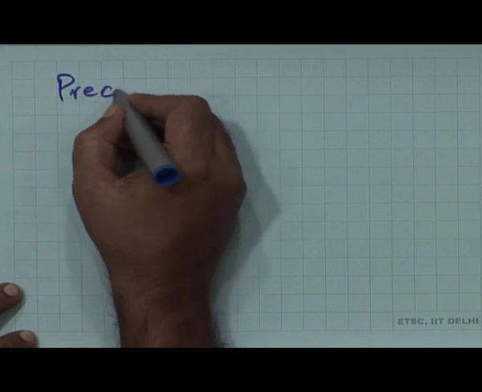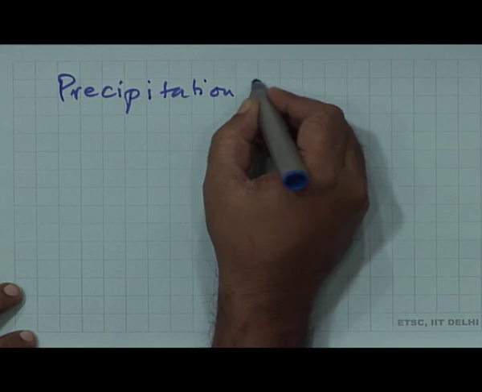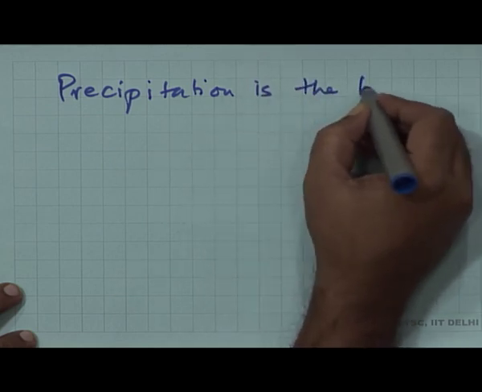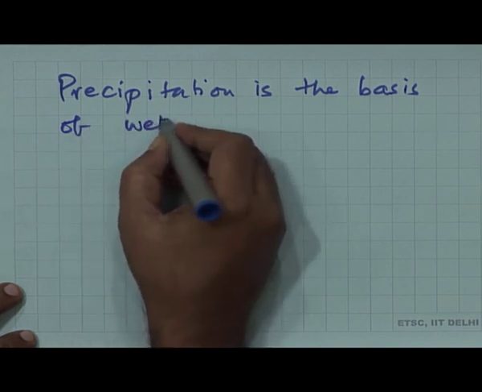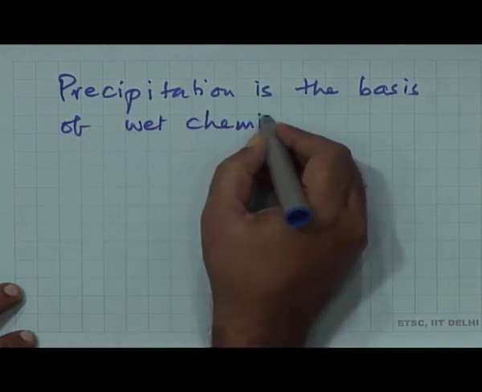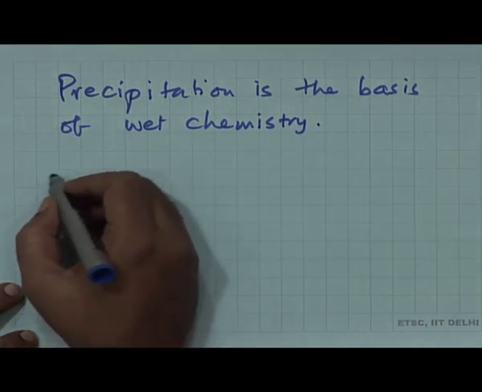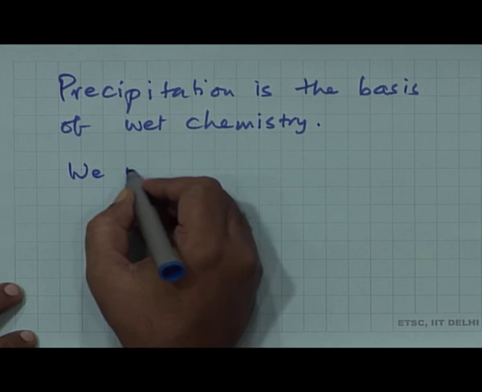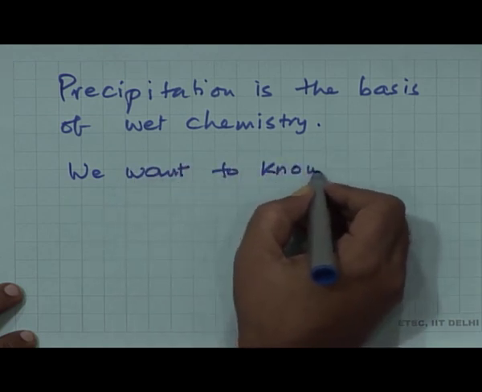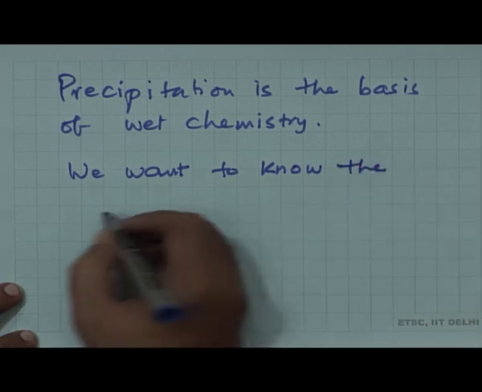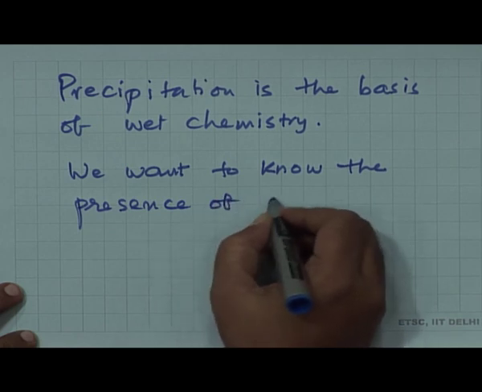Precipitation is the basis of wet chemistry. Suppose we want to know the presence of a particular ion.